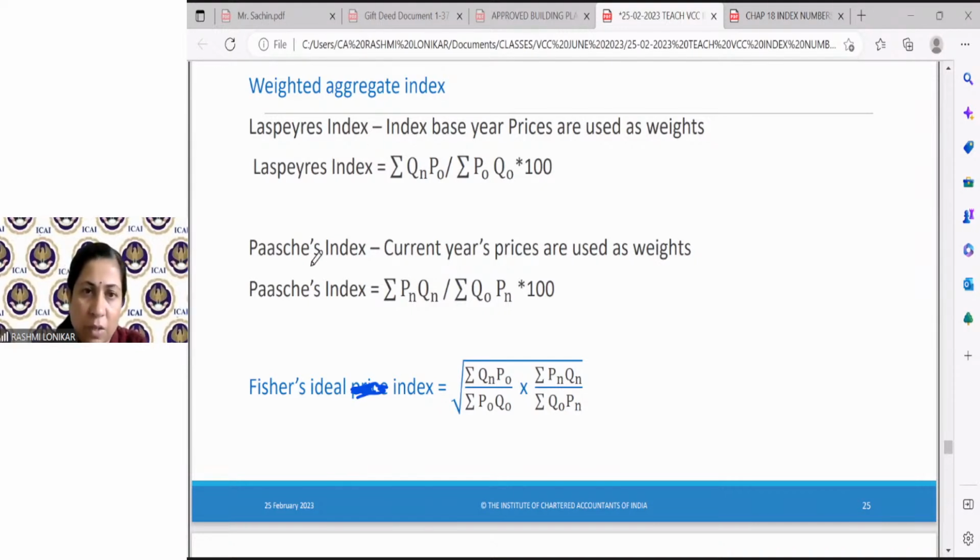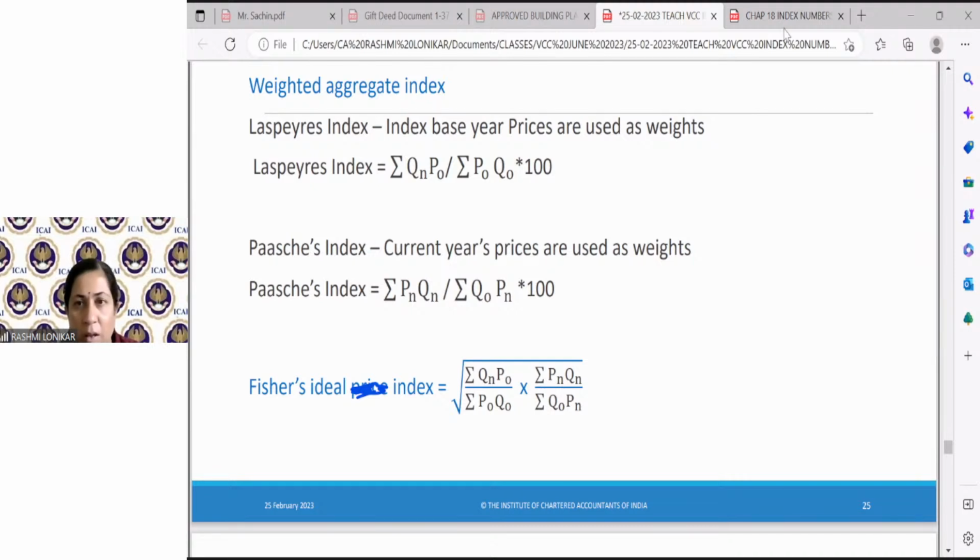Here in the index, base year prices are used. So in price indices, what have we taken? We have taken base year quantities. In weighted aggregate for quantity indices, we are using what? We are using base year prices.